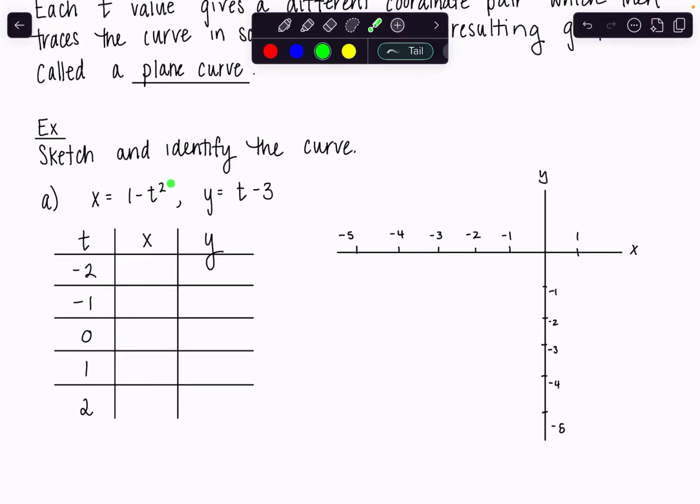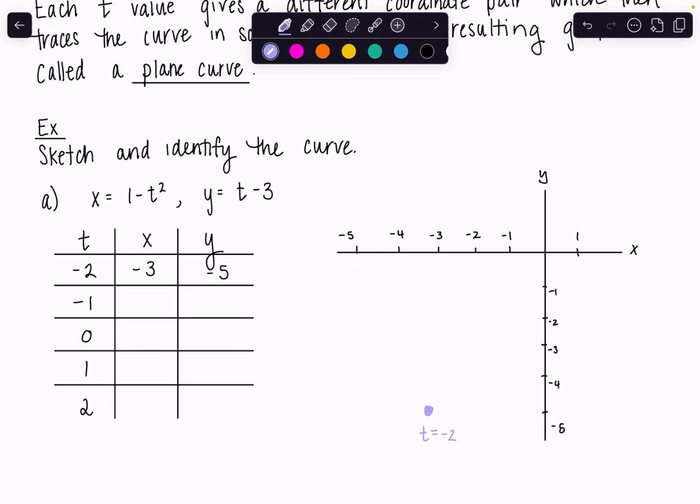So if I plug in -2 for t, that would give me 1 minus positive 4. So my x value would be -3. When I plug in -2 here, -2 minus 3 gives me -5. So I'm going to go ahead and plot the points simultaneously once I get them. So when t is -2, my x value is -3, y is -5. Our starting point is down here.